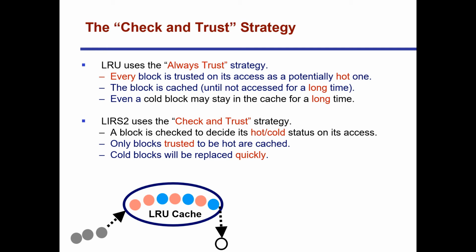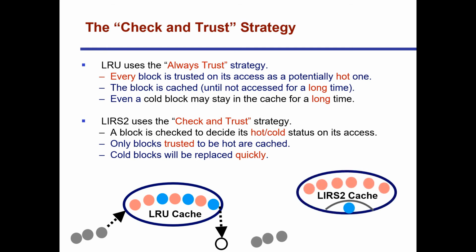LIRS2 is different. LIRS2 uses a check-and-trust strategy. A block is checked on its access to decide its hot or cold status according to its t2-reuse locality measure. Only blocks trusted to be hot are cached, and cold blocks will be admitted into the cache but will be replaced quickly.